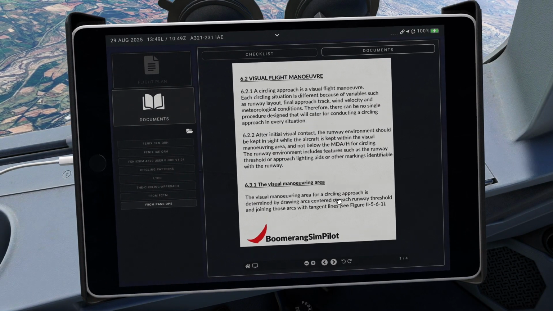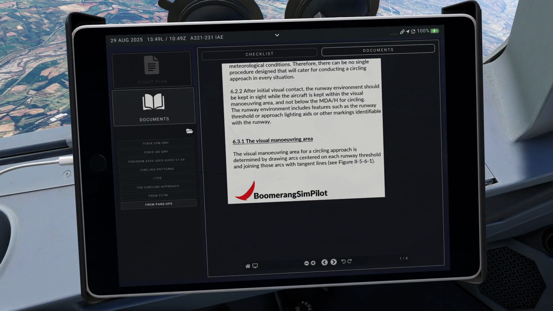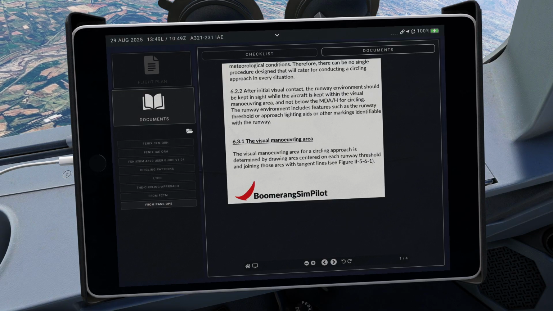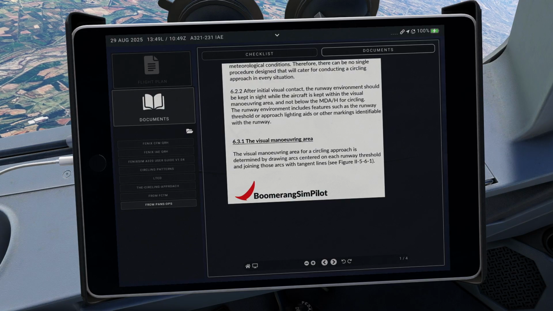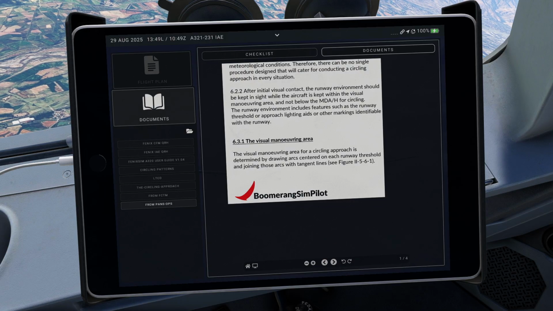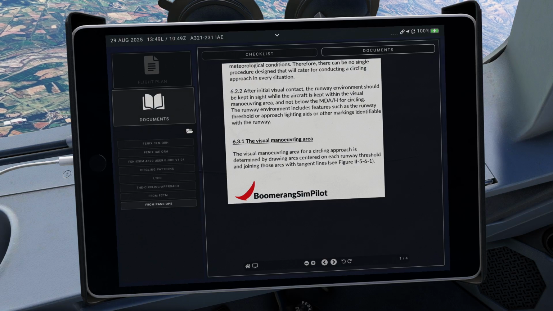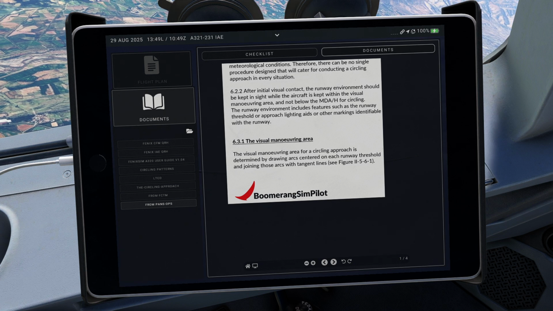The other item is that after initial visual contact, the runway environment should be kept in sight while the aircraft is kept within the visual maneuvering area and not below the MDAH, which is minimum descent altitude or height for circling.